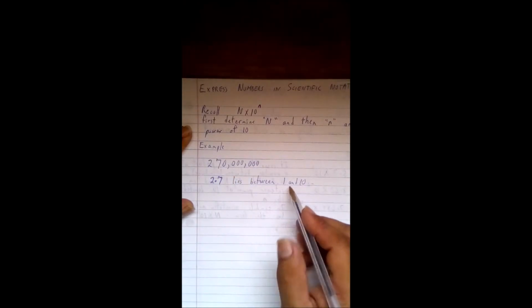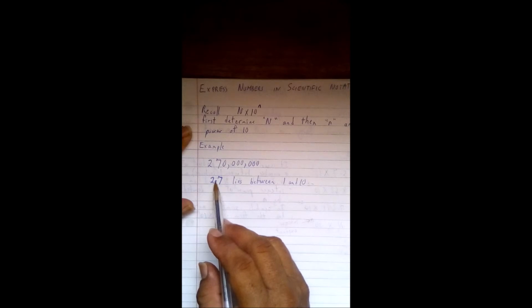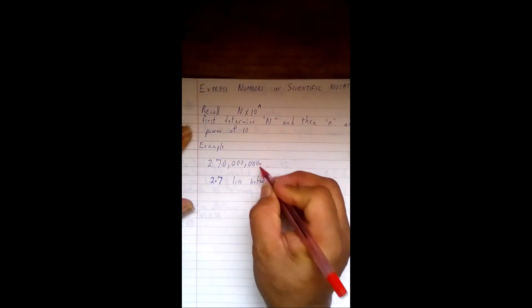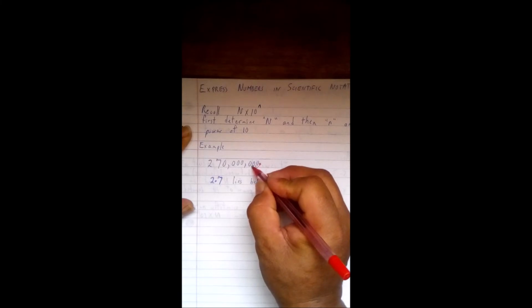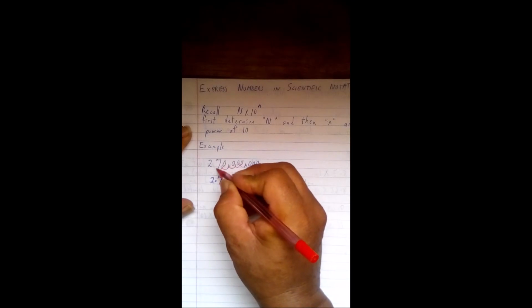Okay, to obtain this large number, the decimal point in 2.7, we must move the amount of places to the left in this case, right? So here's the decimal. Remember, any whole number has a decimal point here. So we move. We go 1, 2, 3, 4, 5, 6, 7, 8. That's the new decimal point, and that's how we get 2.7.